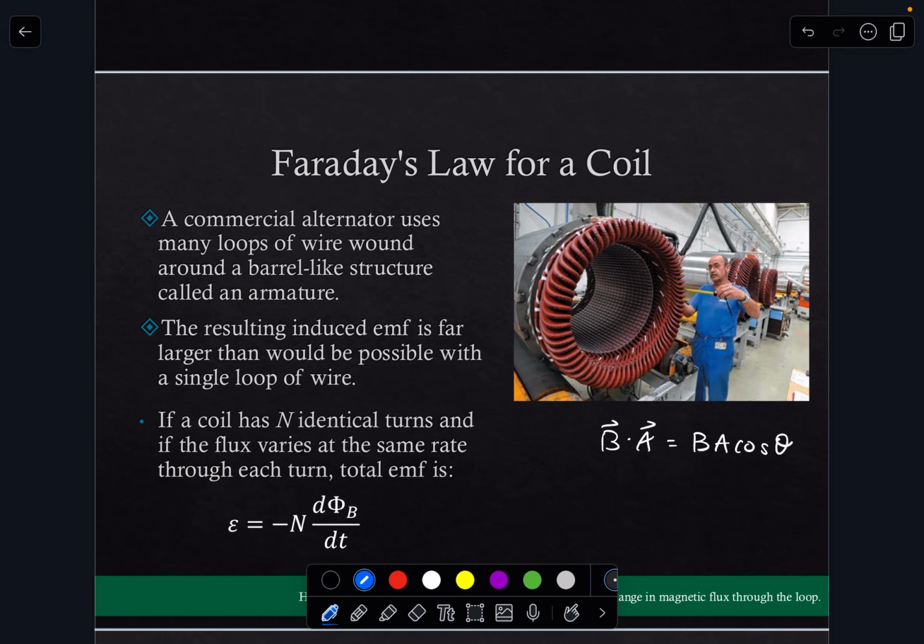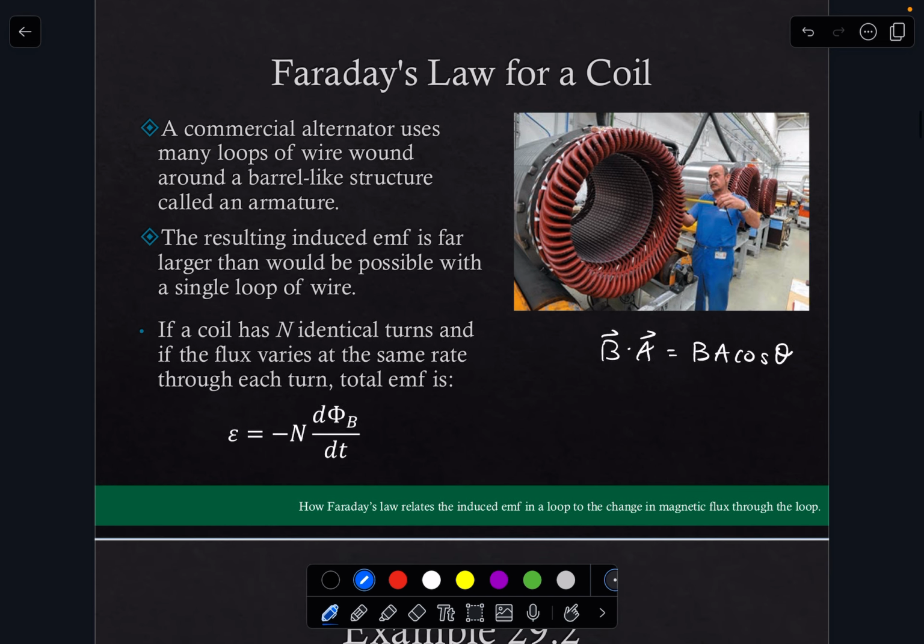So Faraday's law, let's go back to Faraday's law, right? Epsilon equals minus d phi B dt. As you saw before in the previous example, the EMF induced was small. A way we can boost it up is by making n number of turns in this coil. Instead of having one coil, we'll have a whole bunch of them.